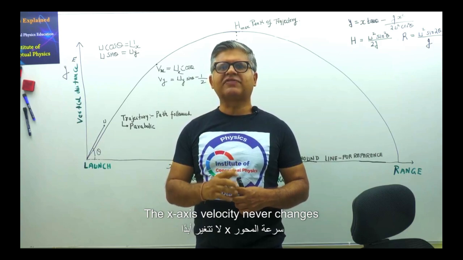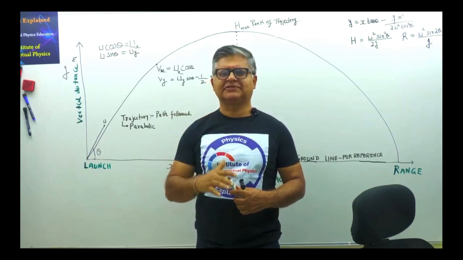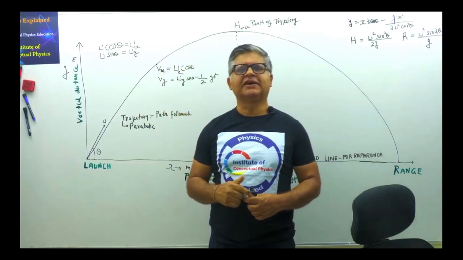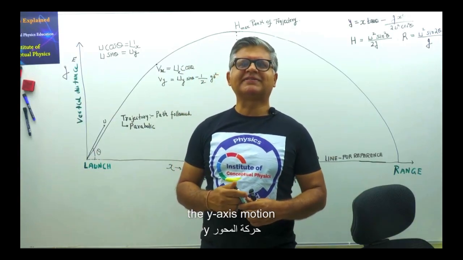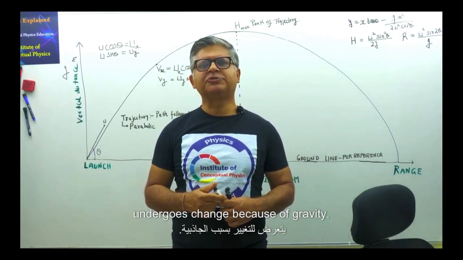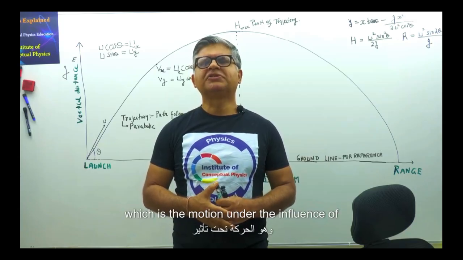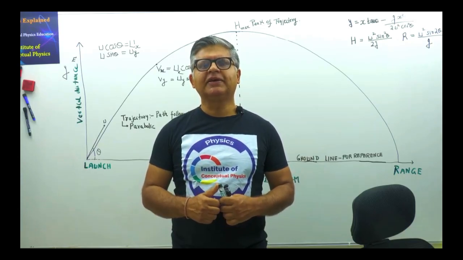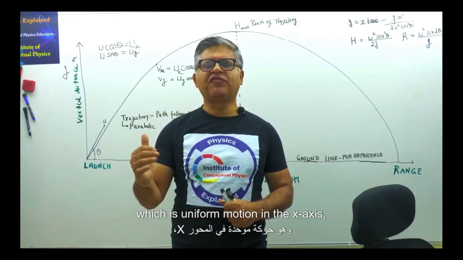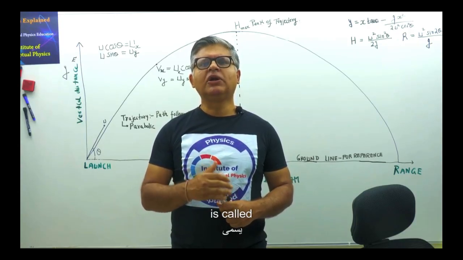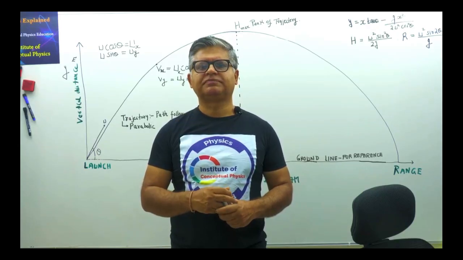The x-axis velocity never changes throughout the motion. But the y-axis motion undergoes change because of gravity. The combined motion, which is the motion under the influence of gravity, and the uniform motion in the x-axis, is called the projectile motion.